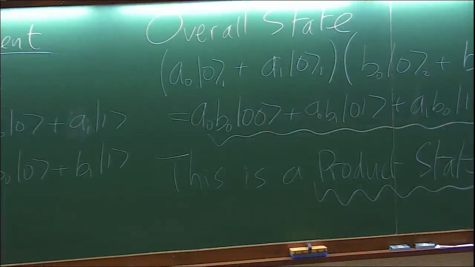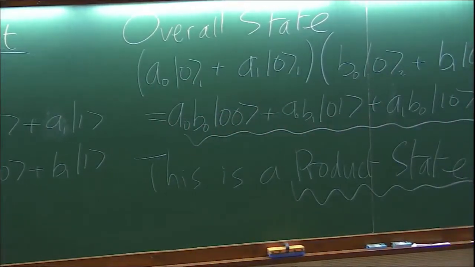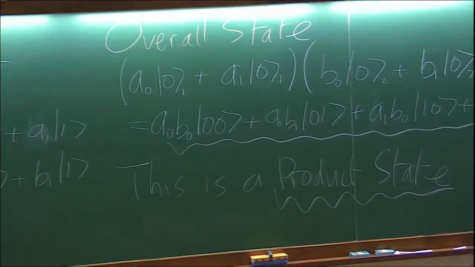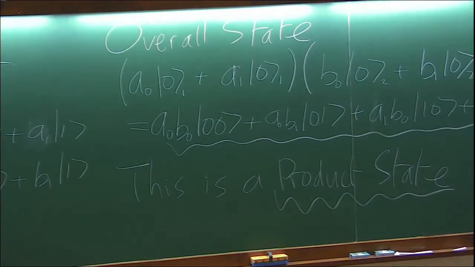It's a product of the state of qubit 1 and qubit 2. Now this is not the most general 2 qubit state. It's some arbitrary linear combination of the 4 basis states, 00, 01, and so on.